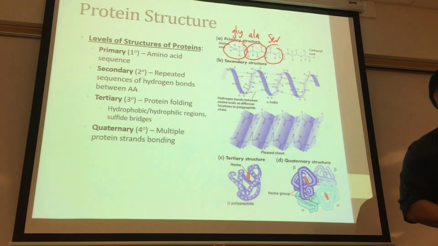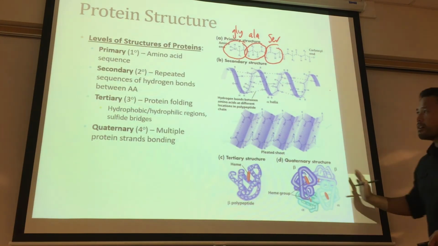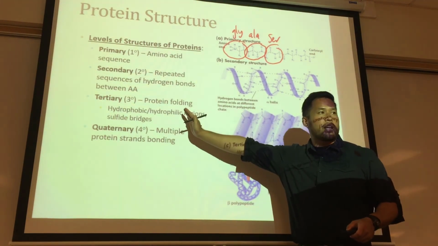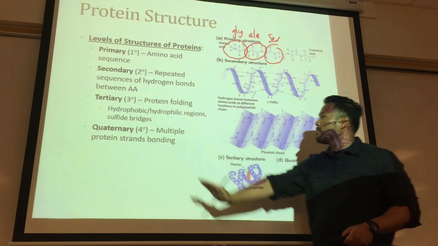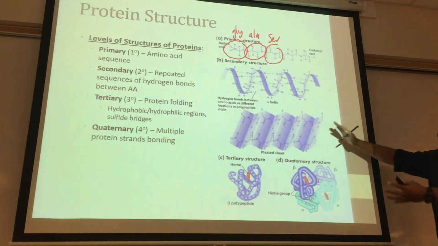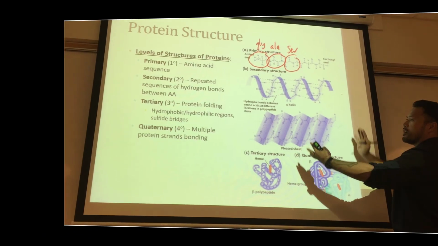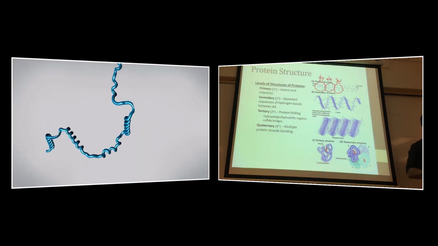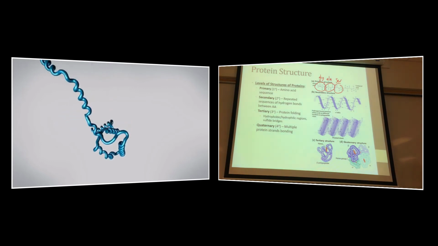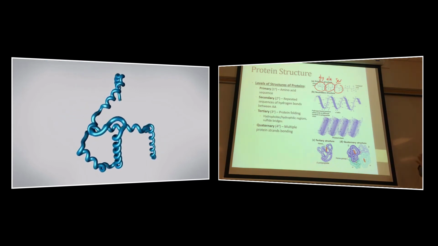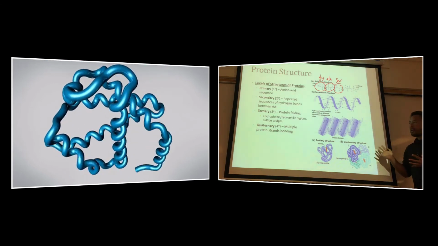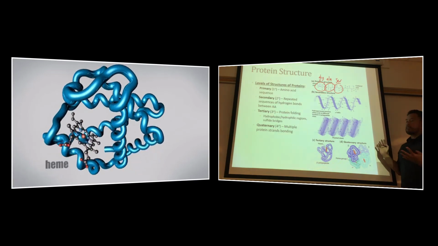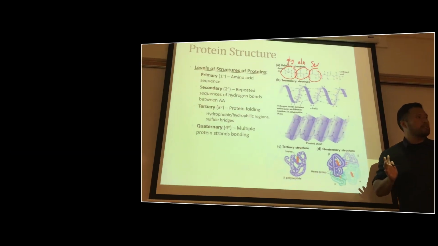The third, now stay with me, is protein folding. Based on the regions of this protein that's starting to fold, there'll be some areas that are hydrophobic and areas that are hydrophilic: some areas that want to stay away from water and areas that love water and get more exposed to it.